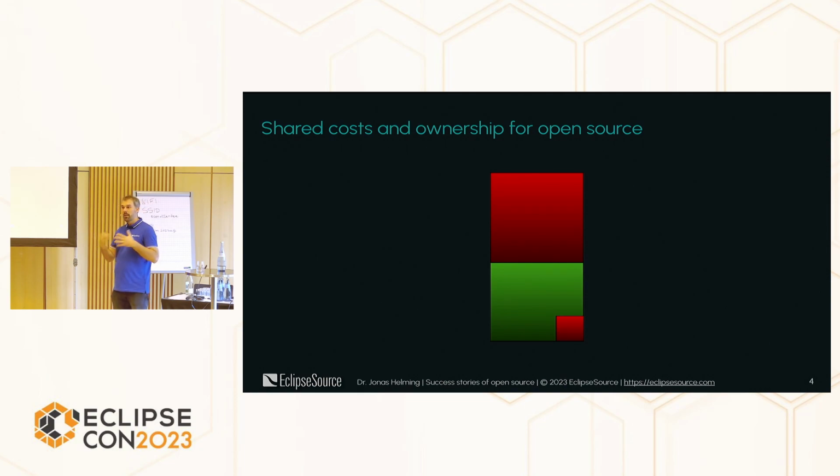If many parties do that, the green part is safe again, and we only have to worry about a small part. But we should be aware that if we use open source, somebody has to take care of the green part too. It's not completely for free. Somebody has to do the work. And ideally, there's collaboration going on in this area, and that's the main topic of my talk today.